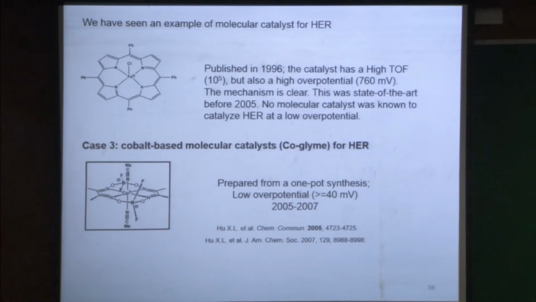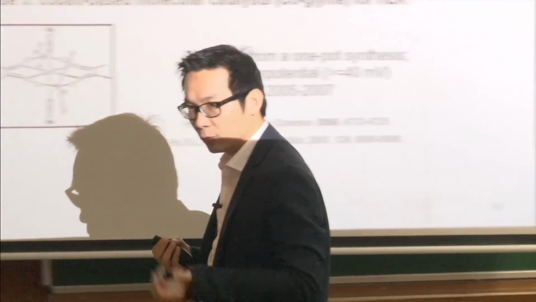For instance, in a study done by myself, we have shown that if you use the cobalt macrocyclic complex to do hydrogen evolution, you can reach a very low overpotential, below 100 millivolts. So molecular compounds are now known to be able to do hydrogen evolution under this model condition.